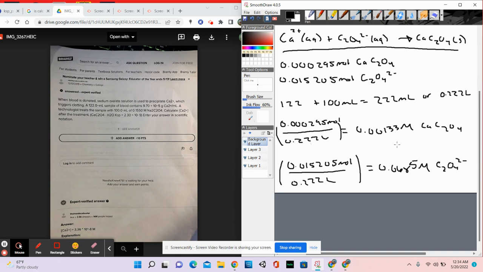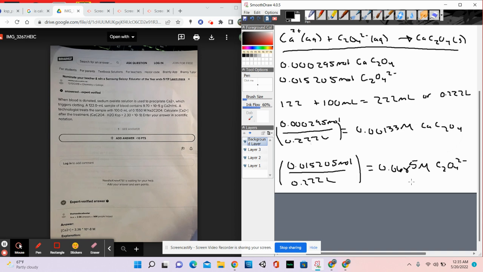So now that we have this, it gives us the values for our initial concentrations for the ICE table.